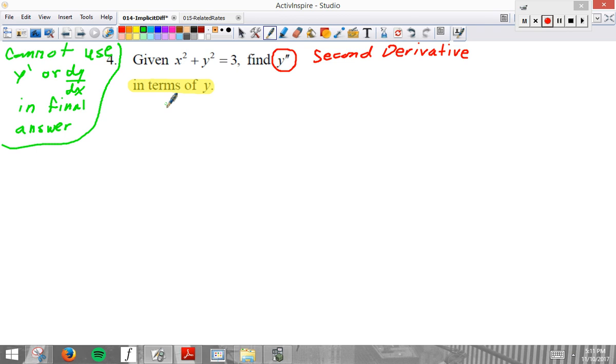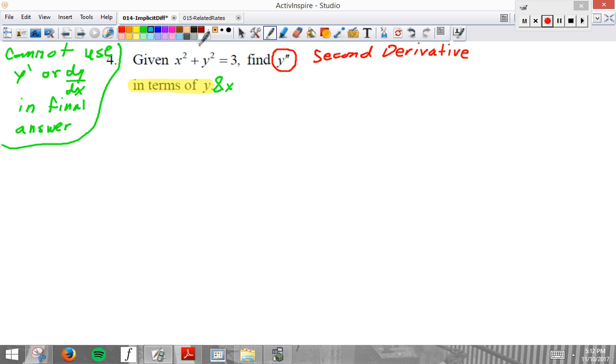We're basically saying only x's and y's. If I see either of those two symbols, it's not in terms of y, it's not in terms of x, so it's not okay. It's usually going to be written in terms of y and x. I think that's how I wrote it in your homework for this slide.